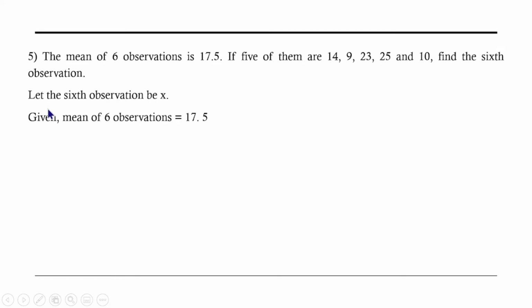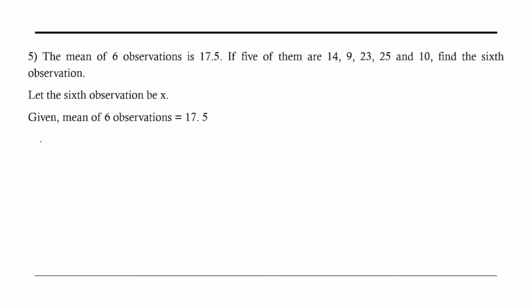So first let the 6th observation be x and it is given the mean of 6 observations is equal to 17.5. So the mean of 6 observations is 17.5 means the sum of all these 14, 9, 23, 25, 10 and x upon 6 is 17.5.